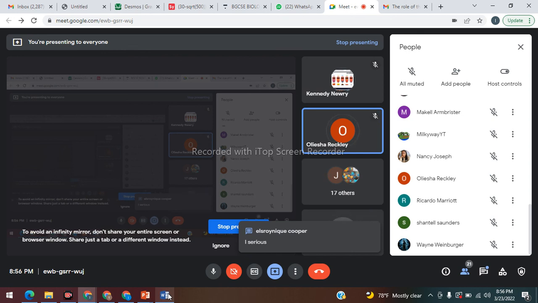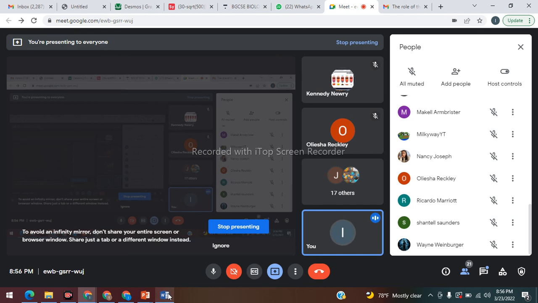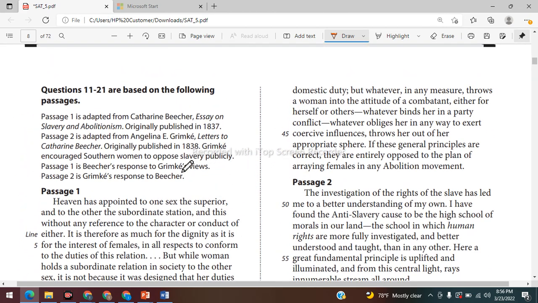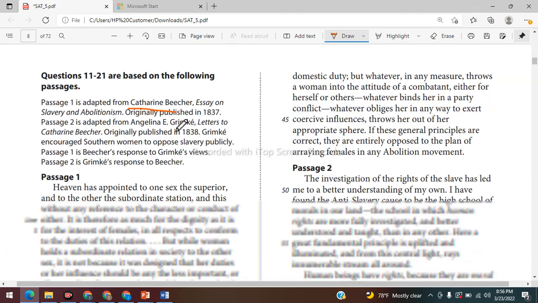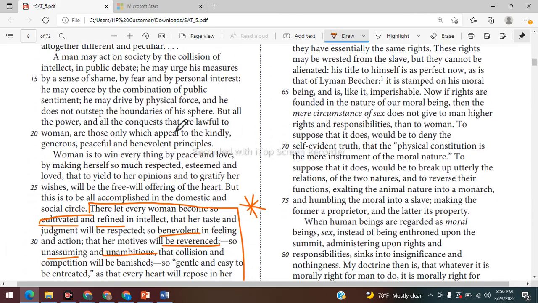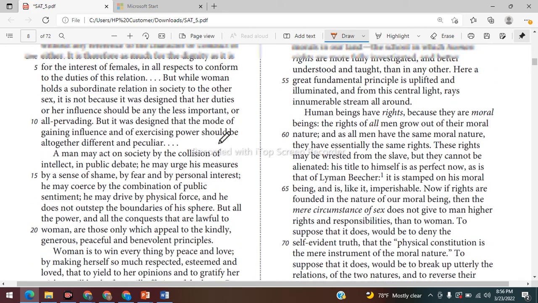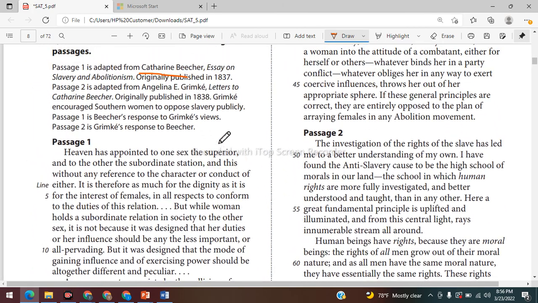Read a lot. Read a lot of the things that we've been reading, like those SAT practice reading comprehension passages from Catherine Bracher, because they help you to see how you could use certain words that you never would have thought about using. As you read, then write, then read and keep on writing.